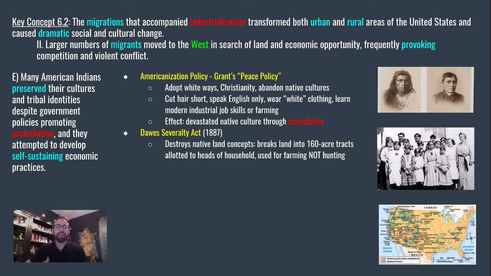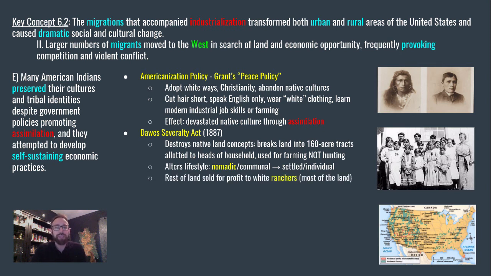For each male head of household, he was awarded a 160-acre tract, and if there was more land in the reservation than people living there, the rest was seized by the U.S. government and sold to white ranchers. So you can see, even though treaties defended a certain border as territorial sovereignty, this overruled that.